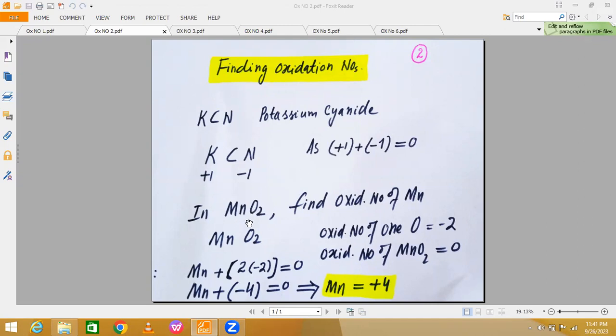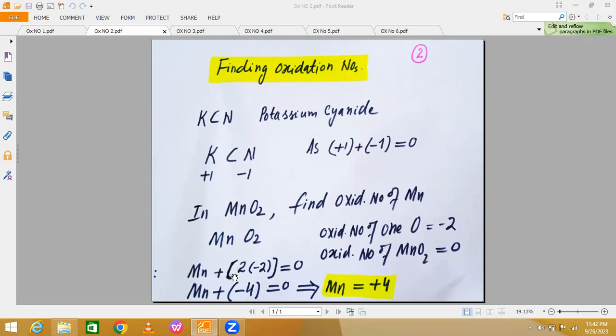Taking the case of MnO2, we can find the oxidation state of manganese. In manganese dioxide, the oxidation number of oxygen is -2. The oxidation number of the MnO2 molecule as a whole would be 0. Then we can find the oxidation number of manganese by adding the oxidation number of manganese with that of the oxygen atoms.